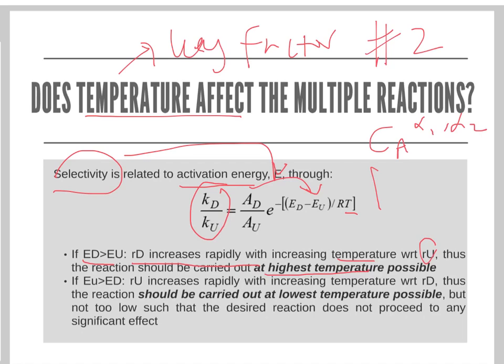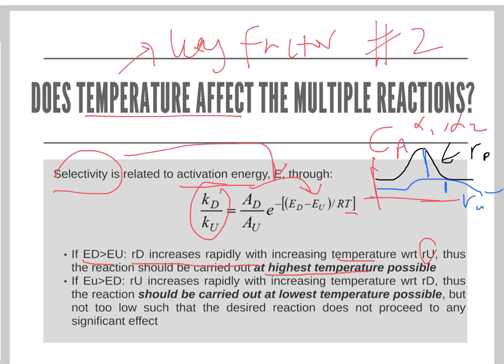So now try to imagine back the activation energy curve, right? Basically this is one line, and this is RD, this is the RD activation energy line, and then there is another one, and this is RU.